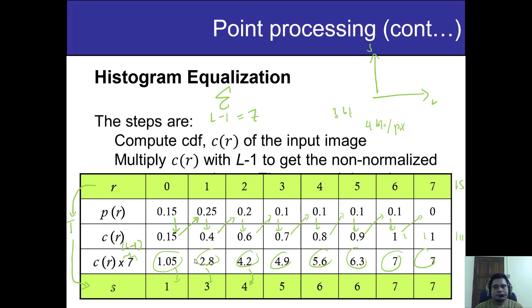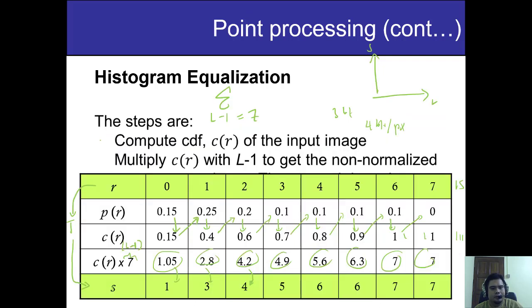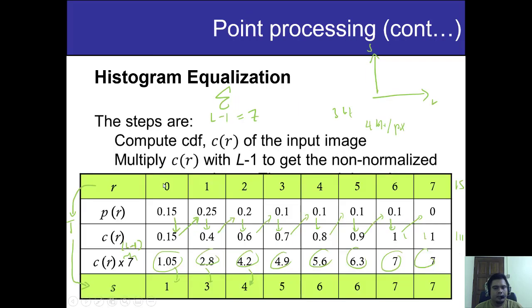So what you do, of course, is produce a matrix of your output image. The matrix should be the same size as the input image. We have 5 times 4, which is 20. Then if R equals 0, then S equals 1.